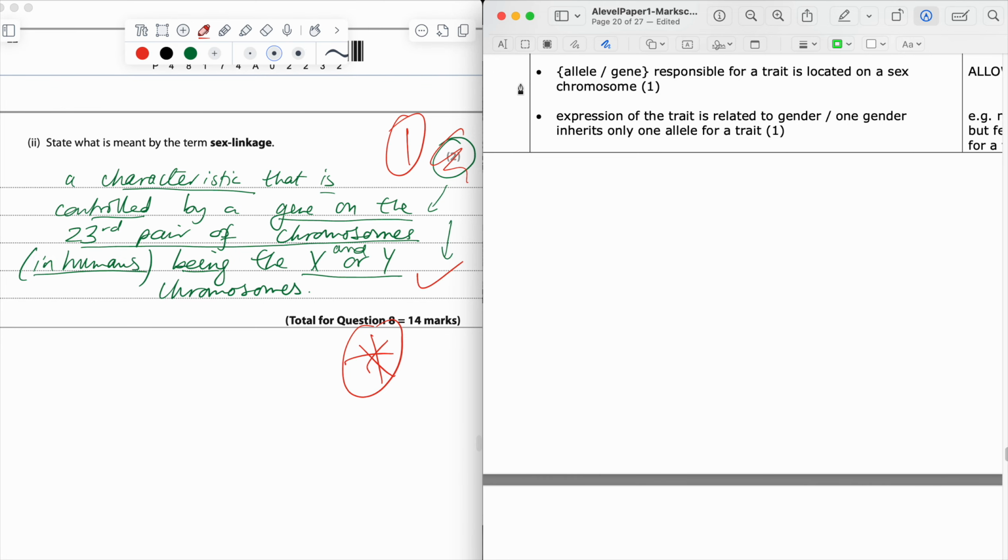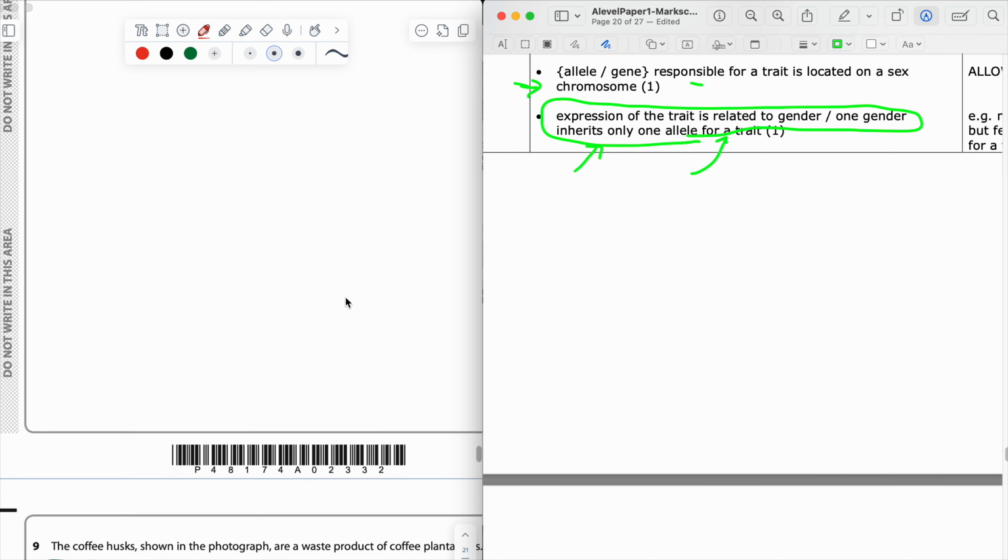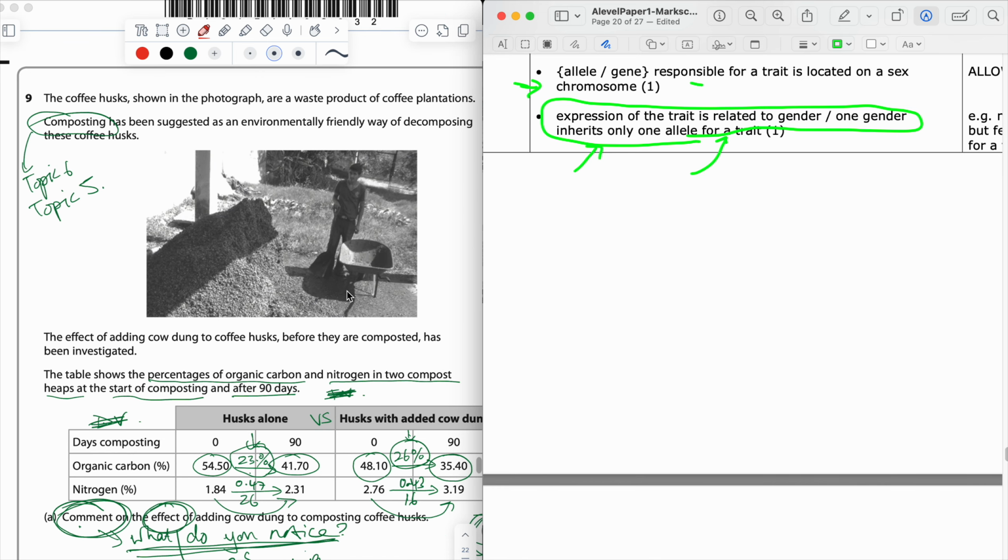So I stated the first marking point, but I did not add that because these genes are located on the sex chromosomes, it tends to cause characteristics or traits that are linked to being male or female, or saying how this affects the inheritance. So for 2 marks, I should have seen that coming, and I didn't, but I will remember that now.